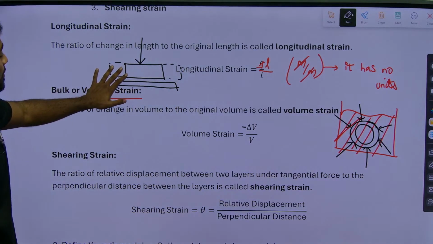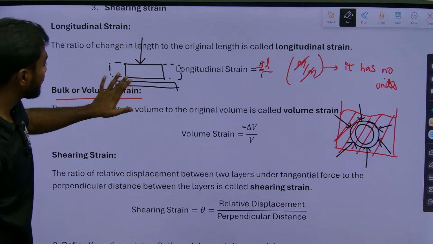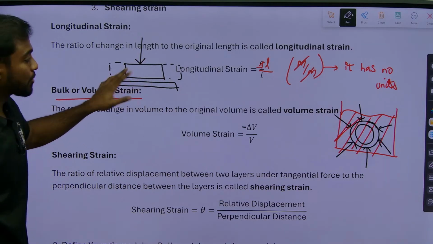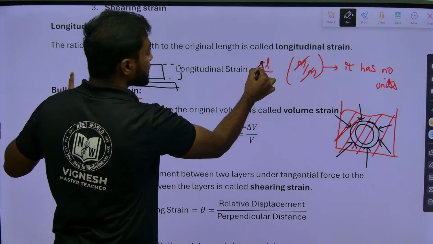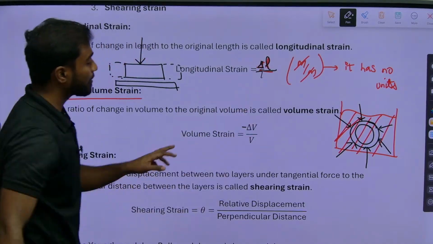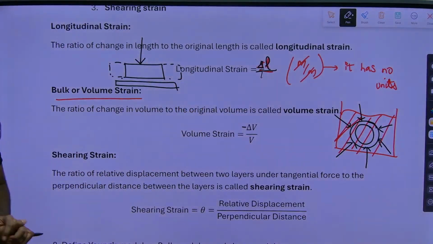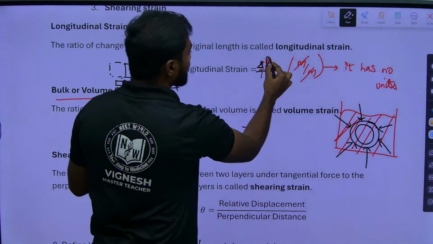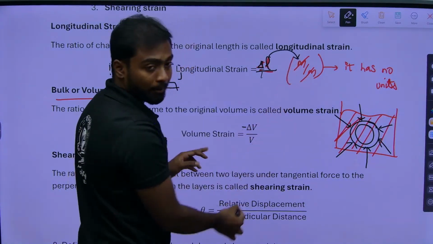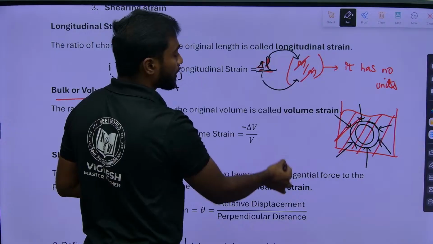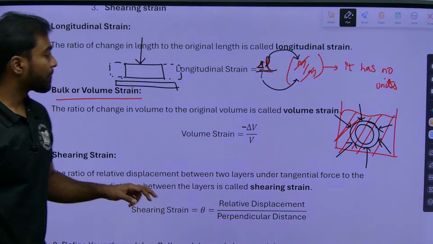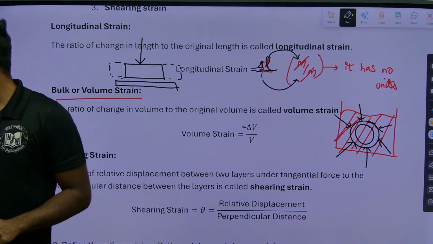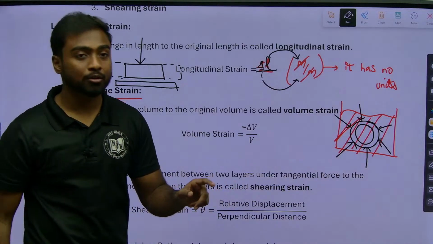So this is the original length and this is the change in length. The ratio of change in length by original length is called longitudinal strain. And when we talk about unit, we measure change in length in meter and length also in meter only. When we cancel both, it has no units. I hope you have got clarity about the longitudinal strain, right.